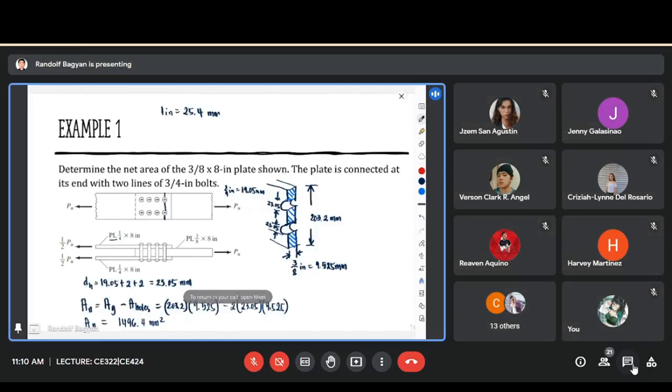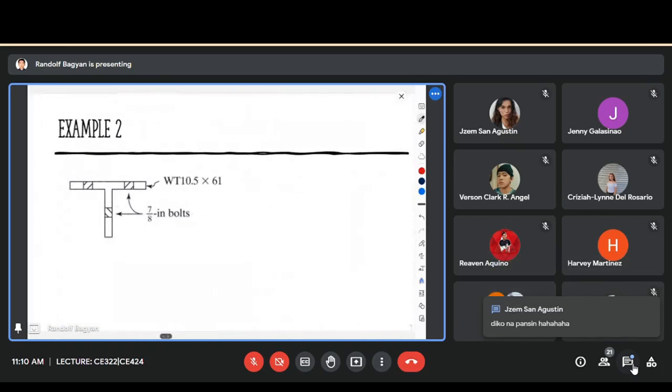Alright. So yun yung sagot natin, no? For the net area, 1496.4 square millimeter. Ayan. Okay lang yan, Jason. Alright. So example 2. Okay, we have a T section, no? That's WT 10.5 by 61. Okay, of course, hati yan ng ating WT.